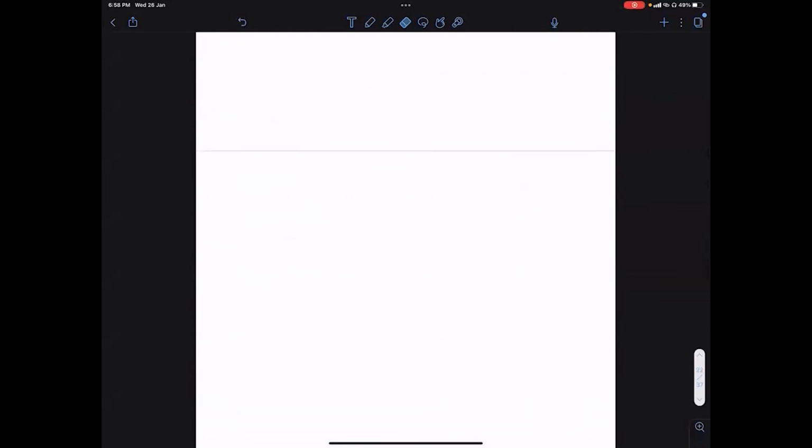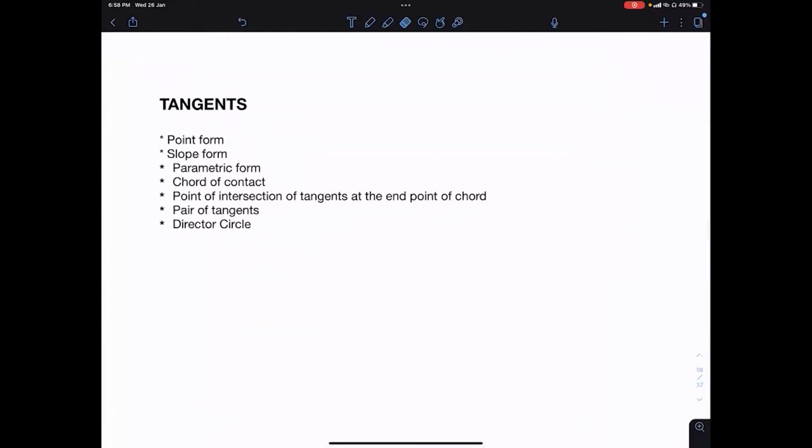So in tangents also, let me just remind you. Okay. Like in parabola, we have three forms, no? What are those? Point form, already we have seen, that is point form, slope form, and parametric form.